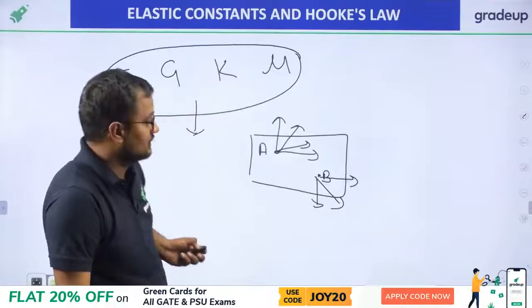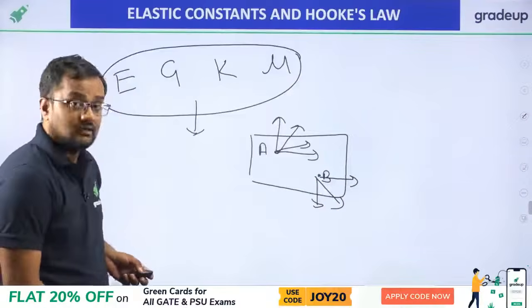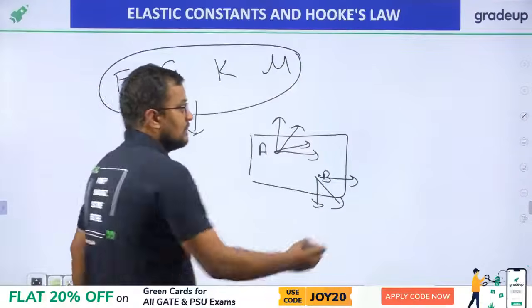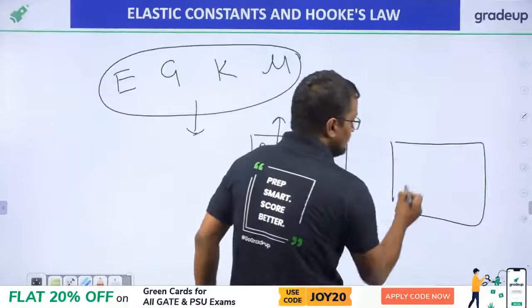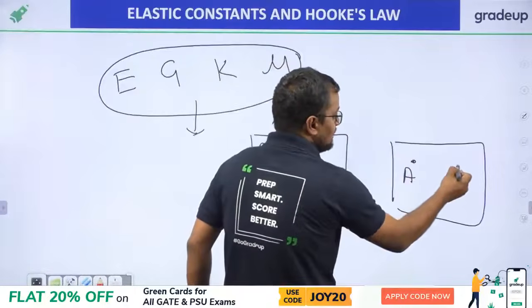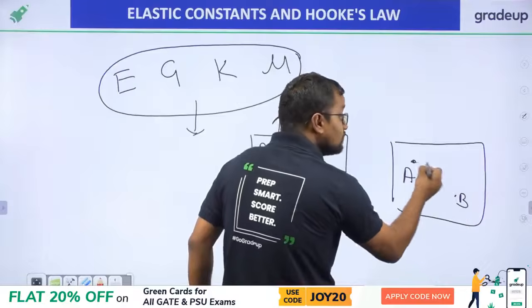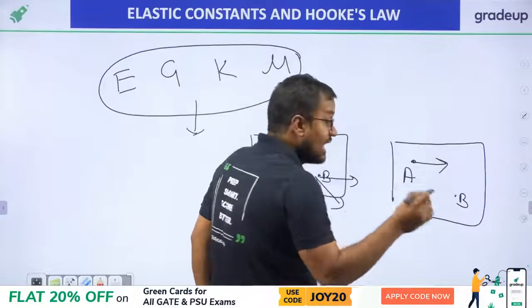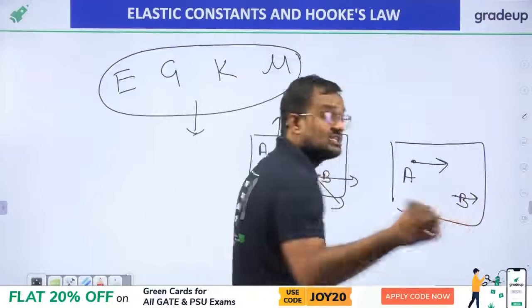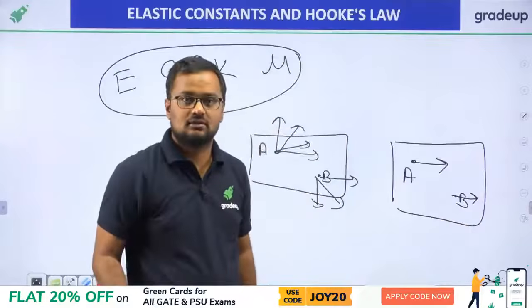Then it is isotropic. My friend, what is homogeneous? If this is a body and suppose this is point A and this is point B, then if A's property in the X direction and B's property in the X direction is the same, then it is homogeneous.